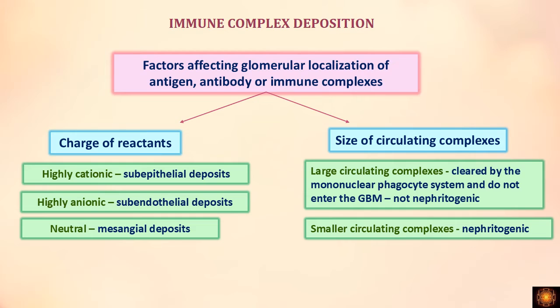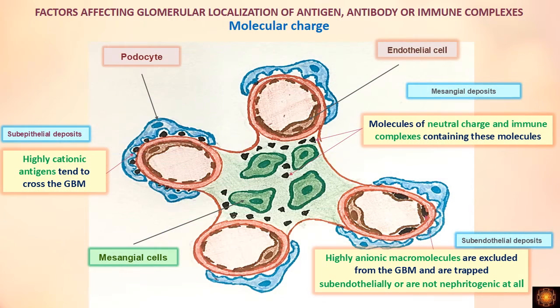This is because highly cationic antigens tend to cross the glomerular basement membrane, which has anionic components. So because of this, the cationic antigens can cross this basement membrane and form subepithelial deposits. Whereas highly anionic macromolecules have a repulsion from the glomerular basement membrane because they also have the anions.